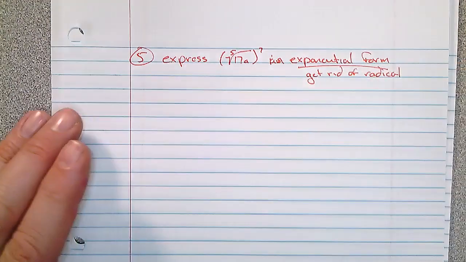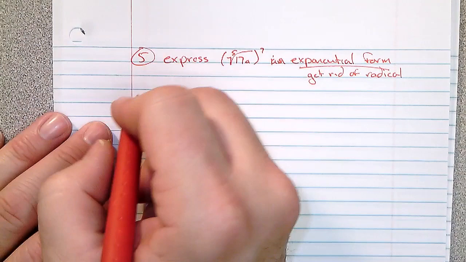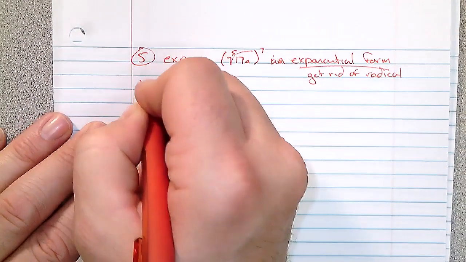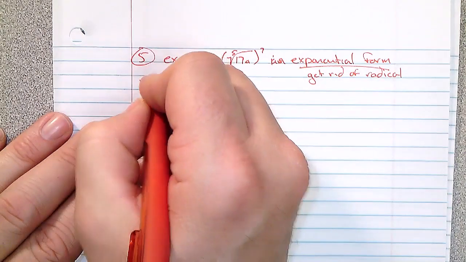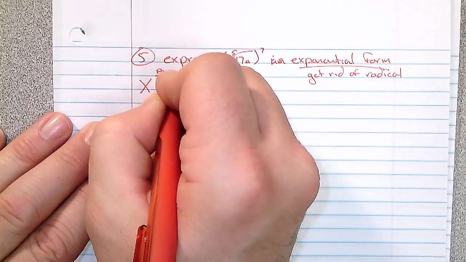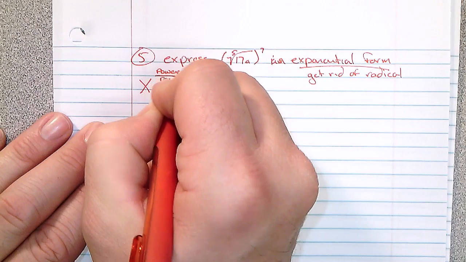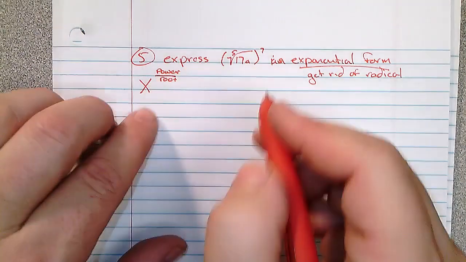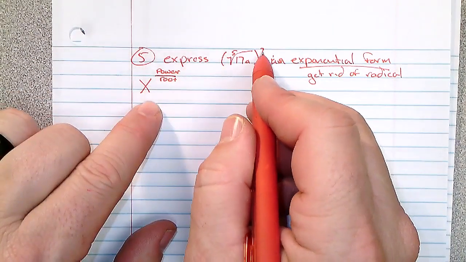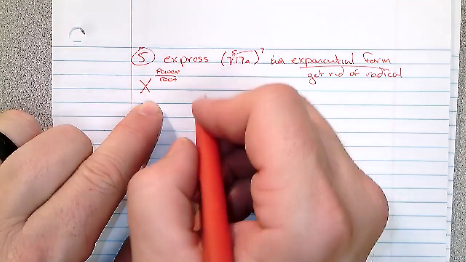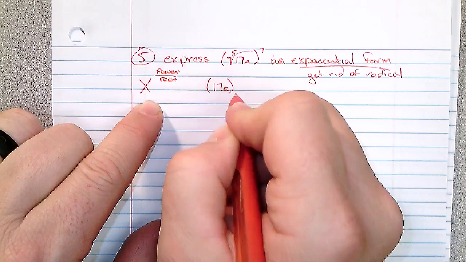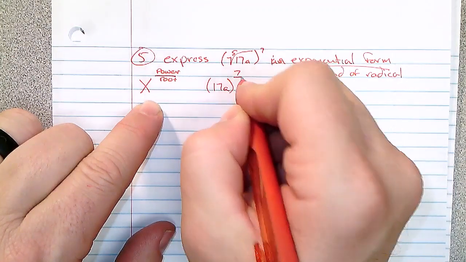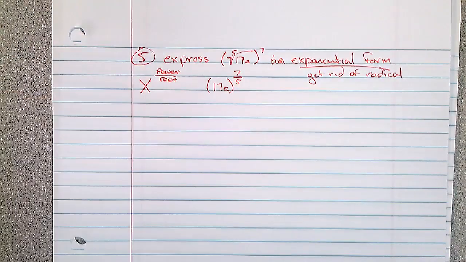So how are we going to do that? Well, what we have to remember is that when we have a rational exponent, we have the power over the root. So we have a 7th power and a 5th root. So this is going to be 17a to the 7th power over the 5th root.